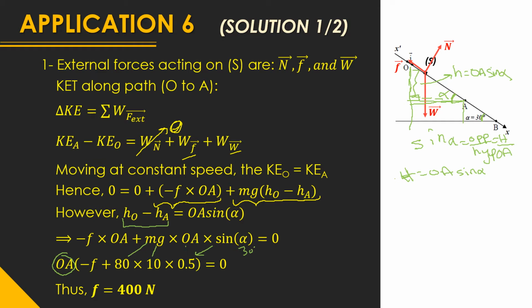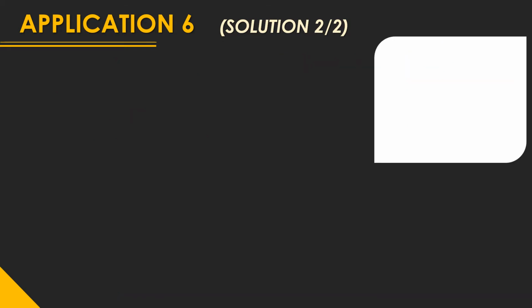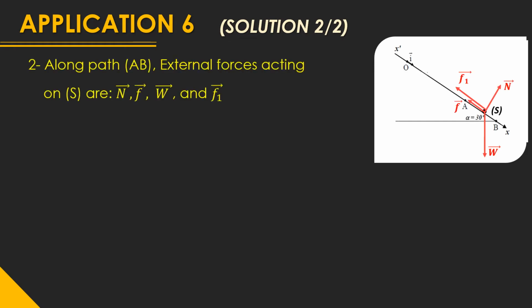Now moving to the second part. In the second part, the skier applies brakes to stop from A to B. Again, we are supposed to verify that the distance from A to B is 45 meters. So we're going to use the kinetic energy theorem.